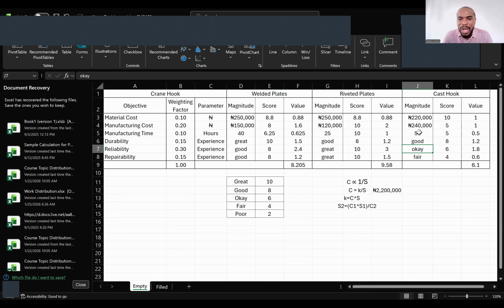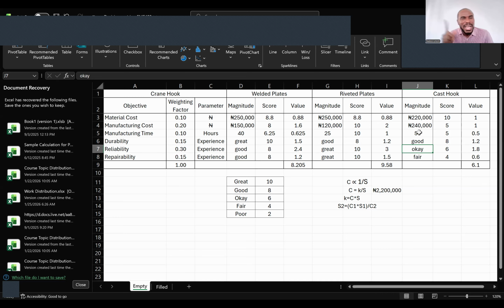welded plates. Now, if you come to pitch this to somebody and they say, no, cast hook is the best. Cast hook is the best. Why did you not use cast hook? I know this is what we lecturers like doing when you are doing your project defense. We ask you questions to see whether your solution was a well thought through solution.